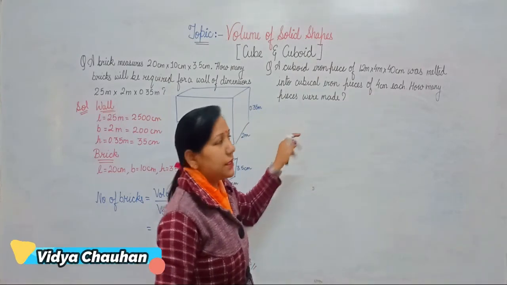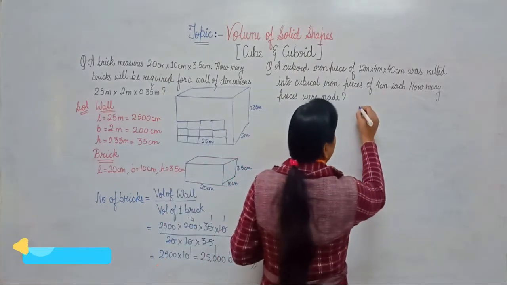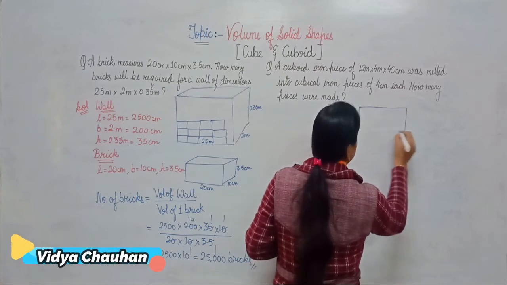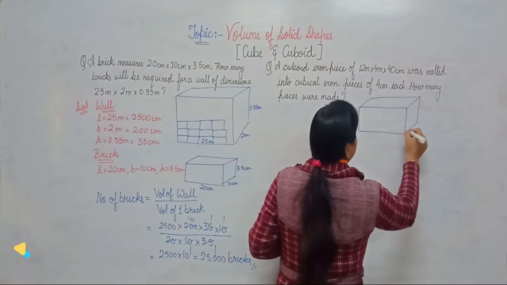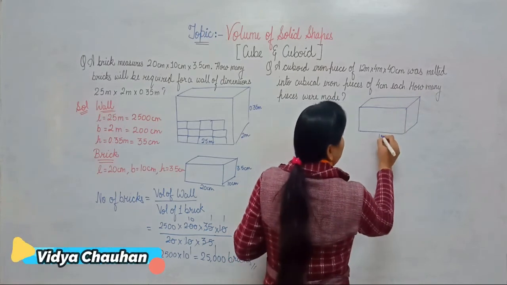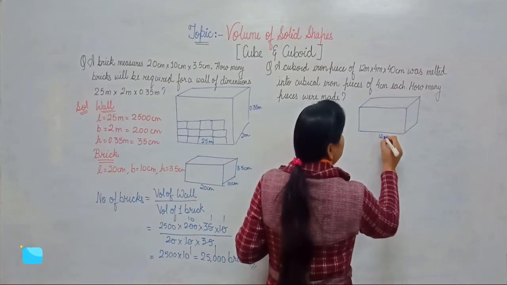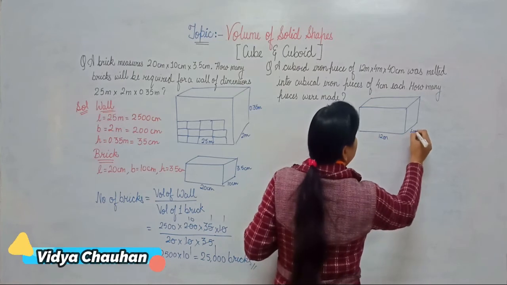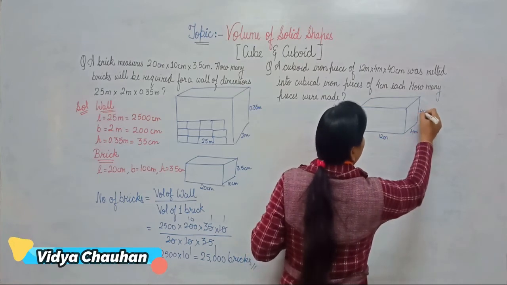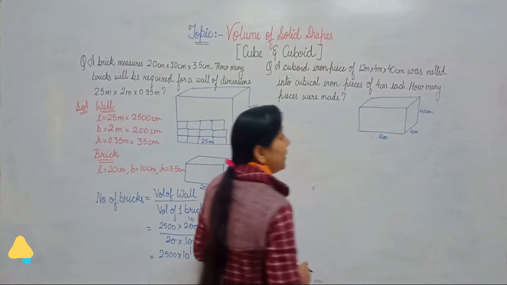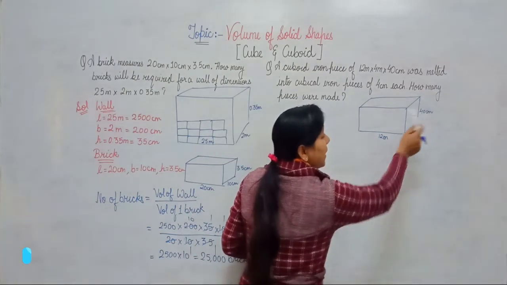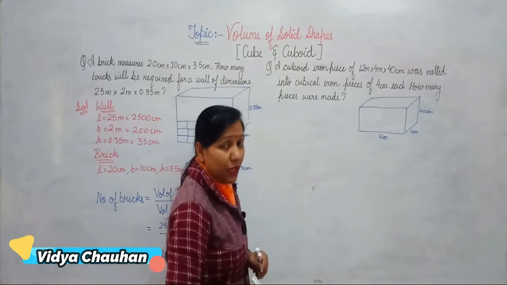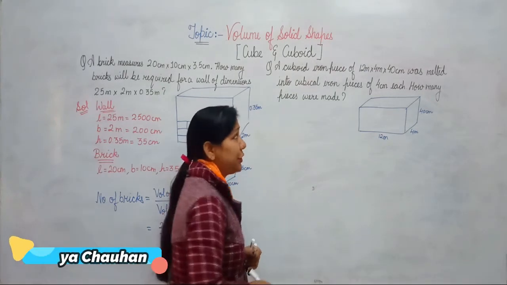Out of this cuboidal iron piece which we have melted, how many such cubical iron pieces of 4 centimeter will we get? So very first, let me draw the figure for both. Suppose this is our cuboidal iron piece whose dimensions are 12 meter in length, 4 meter in breadth, and 40 centimeter in height. Once again you can see length and breadth are in meter, whereas height is in centimeter, so definitely we need to do the conversion.